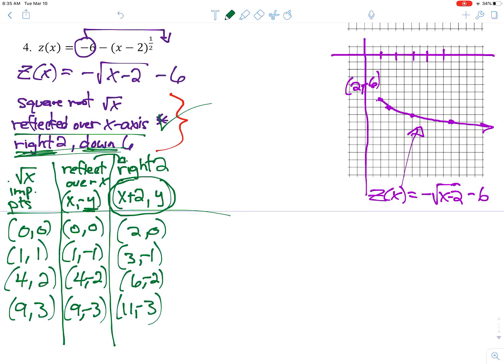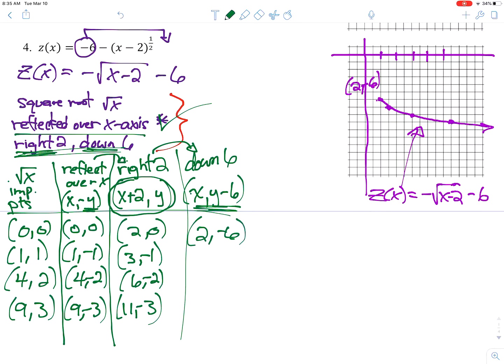Almost done. I've done the right 2, and now the down 6 means whatever the x-coordinate was, I'm going to keep it, and now it's y minus 6. And these notes here are reflecting what's happening to the previous column. So the 2 stays the same, and now it's negative 6.